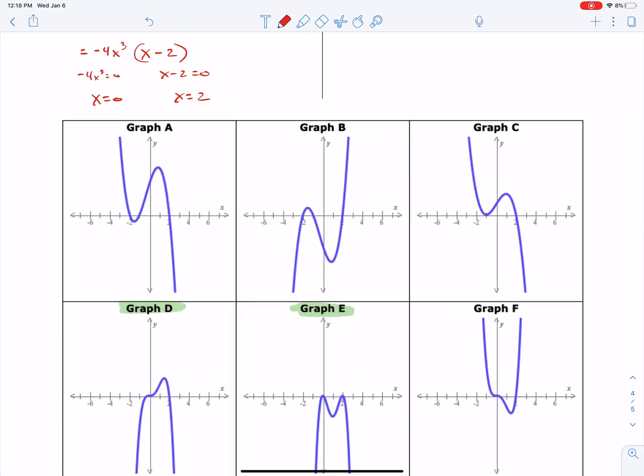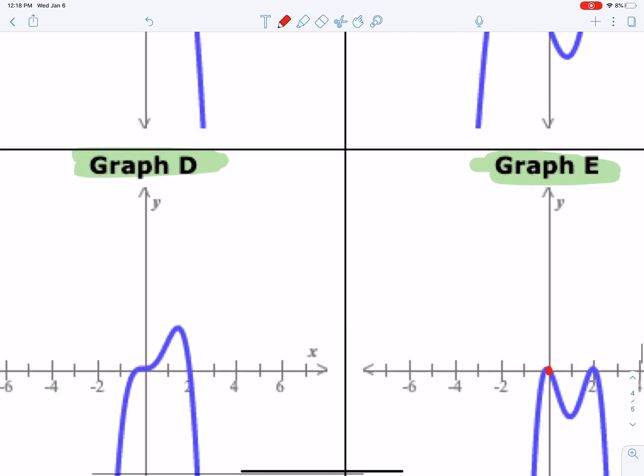I am looking at graph D specifically because it's crossing at exactly 0, 0. Whereas this one, it sounds weird, but it doesn't look like it's exactly right there, and it's not crossing the x-intercept.